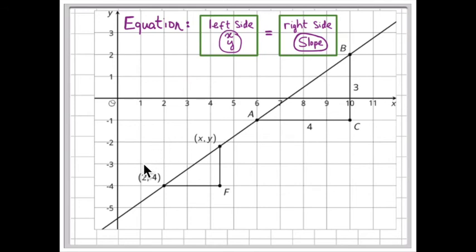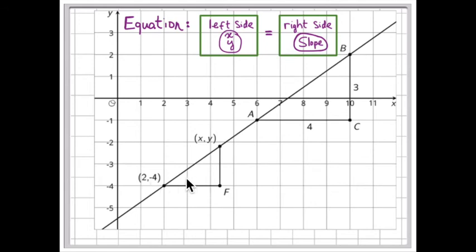But you're going to use this triangle because the vertical distance is this distance right here. How do you get that distance? You subtract this y, and from that y you subtract -4. So you're going to slide this up 4 units, and the horizontal distance is this x minus 2.